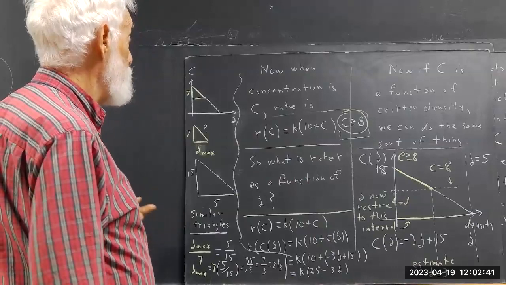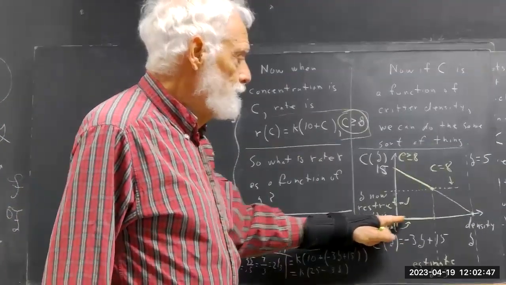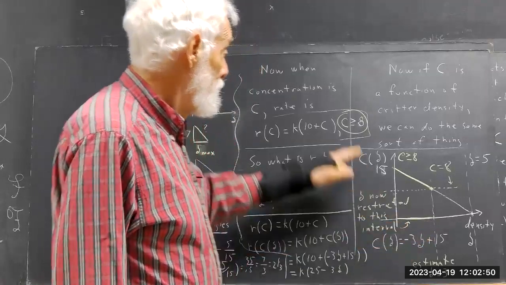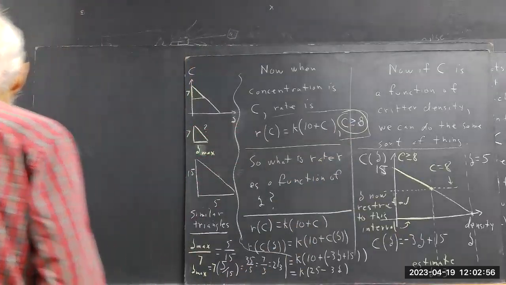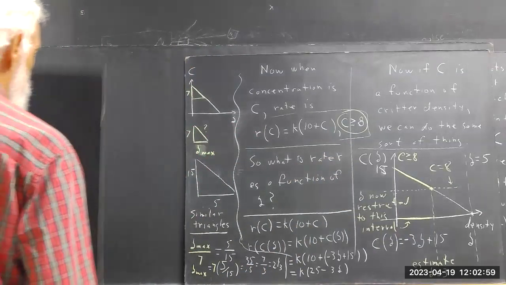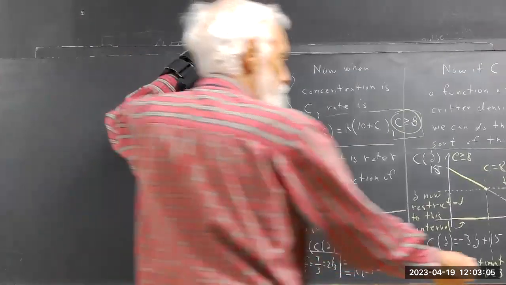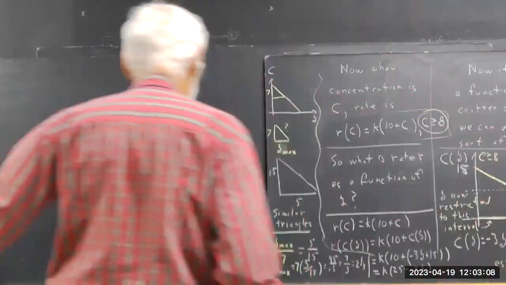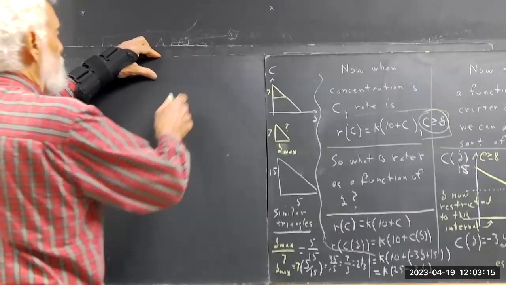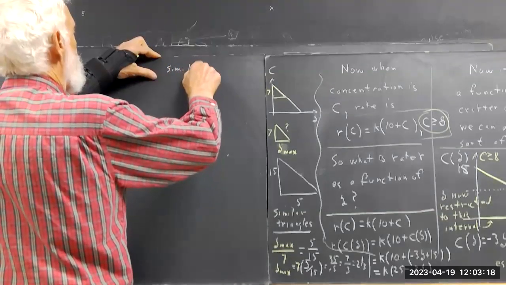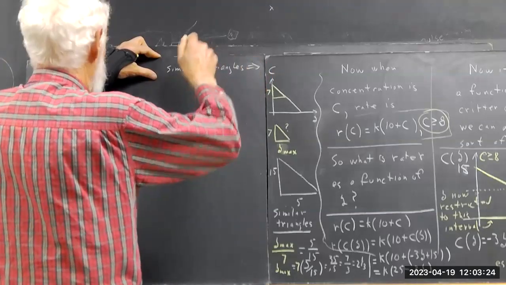Okay, so we have determined that we have to restrict delta to the interval from 0 to 2 1/3 in order to restrict C to be greater than or equal to A. Okay, so by similar triangles, similar triangles are great.